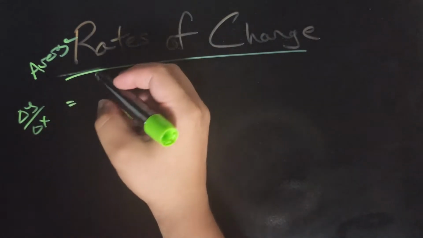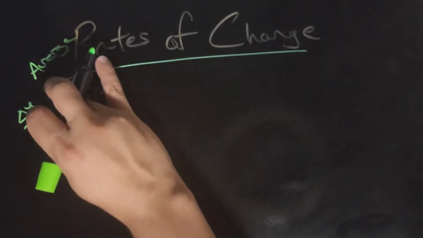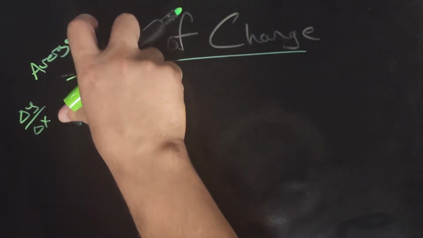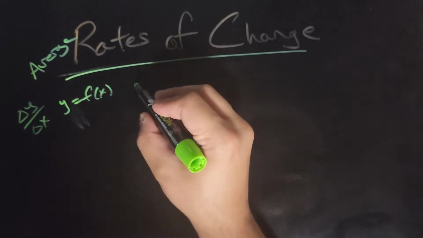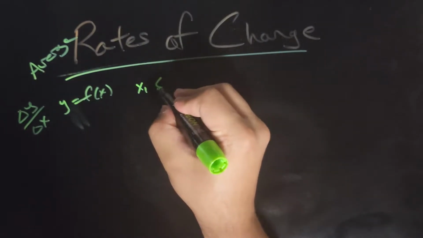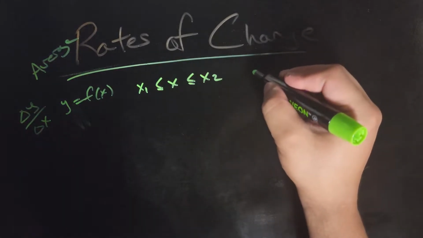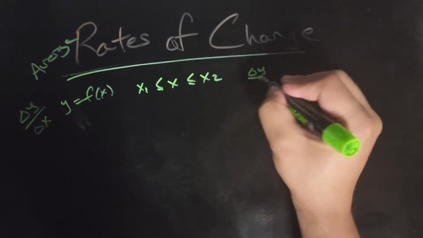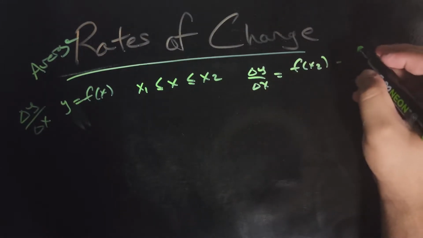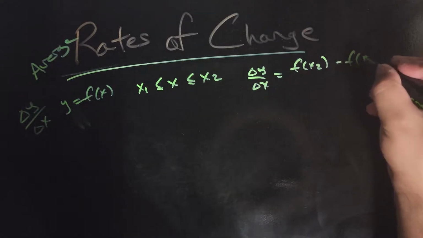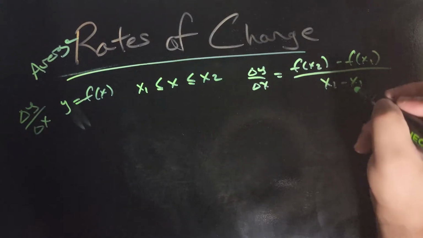So if y is equal to f of x, and say x1 is smaller than x2, then we can say our rate of change, our delta y over our delta x, is f of x2 minus f of x1, which are y values, over x2 minus x1.